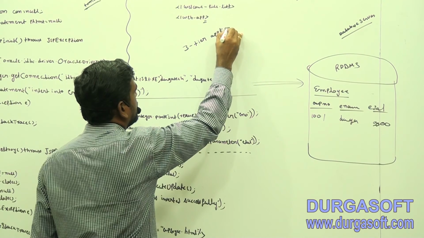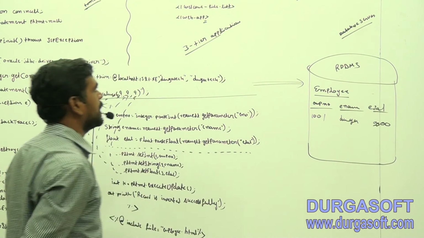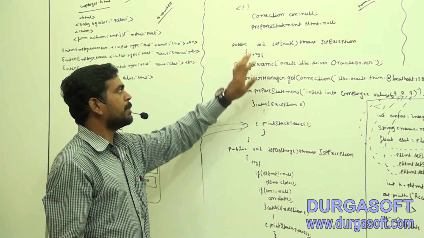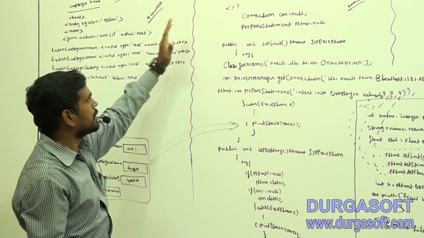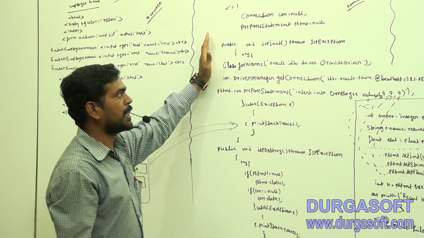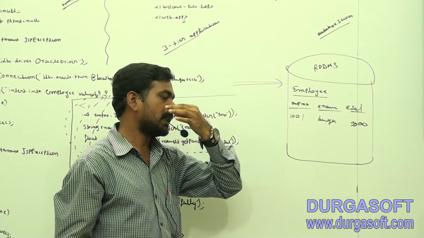Based on the logic, we can say whether it is a 1-tier, 2-tier, or 3-tier application. Right now our logic is running in 3 places: this code runs in the browser side, this code runs inside the Tomcat server, and this runs inside the database server.